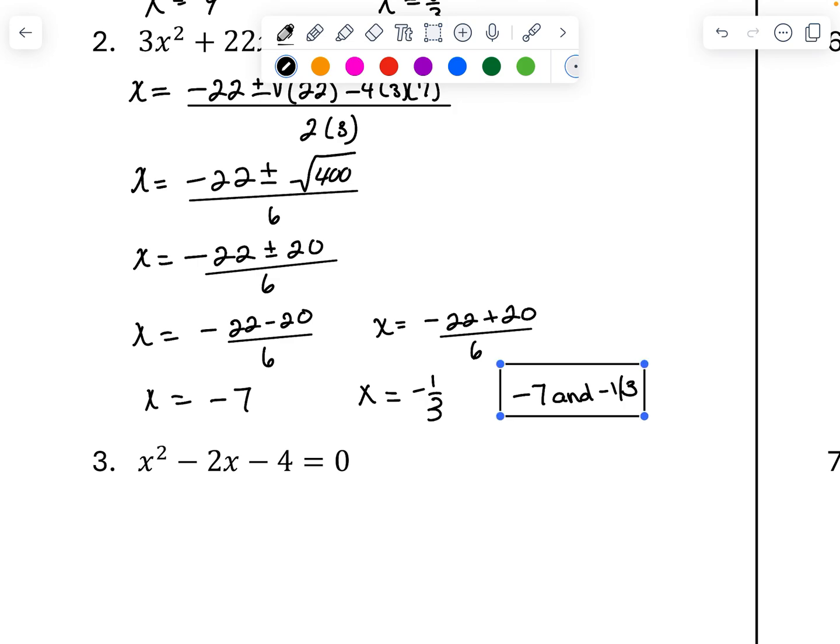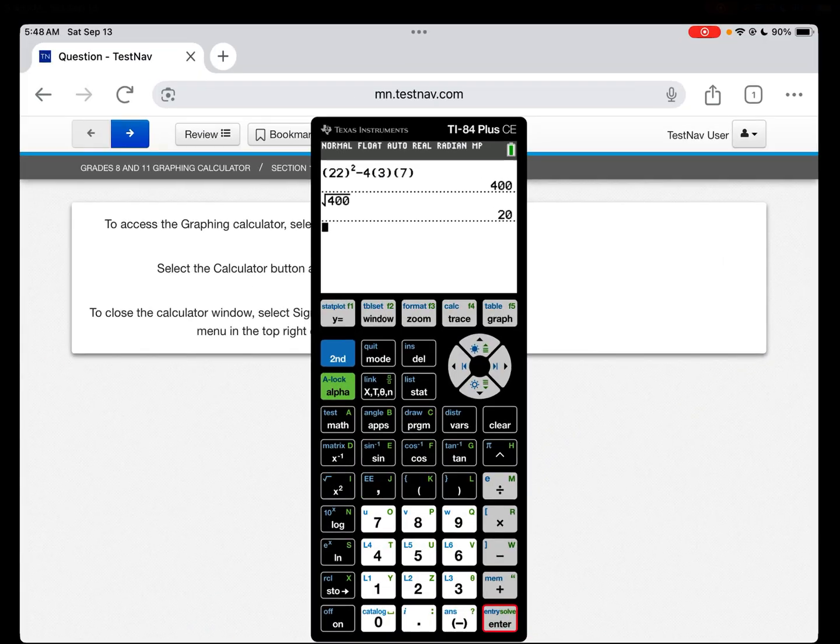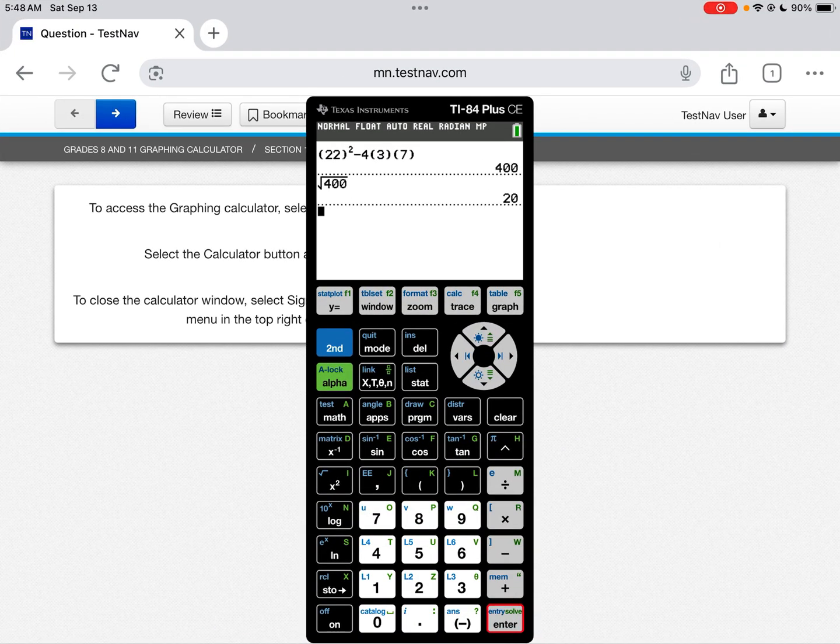And if we want to check our work, we can go to our calculator and put in the problem. The problem was 3 times negative 1/3 squared plus 22 times negative 1/3 plus 7, and I should get 0.